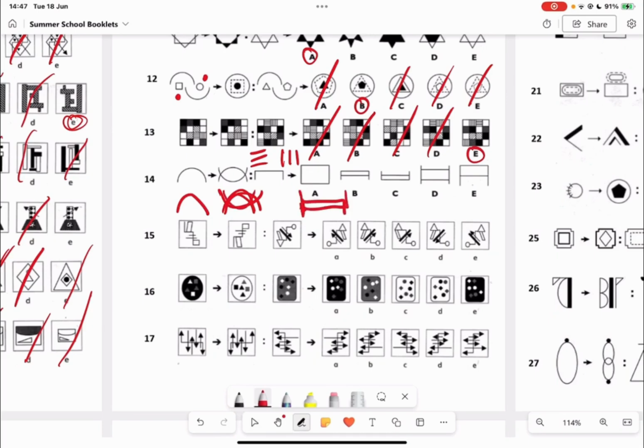So for question 14, our answer should have two overlapping rectangles.